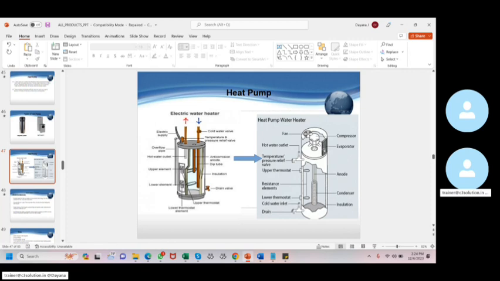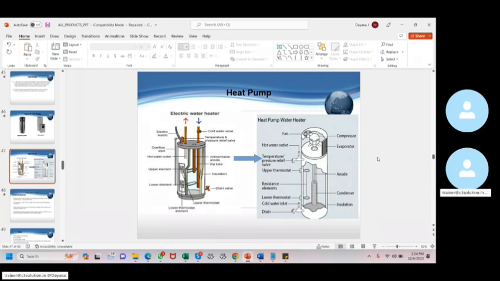This evaporator converts that air into hot gas. That is the second step. It's coming from here to here and crosses to here. This evaporator's work is to convert the air into hot gas. As of now, clear, right? Yes, ma'am.